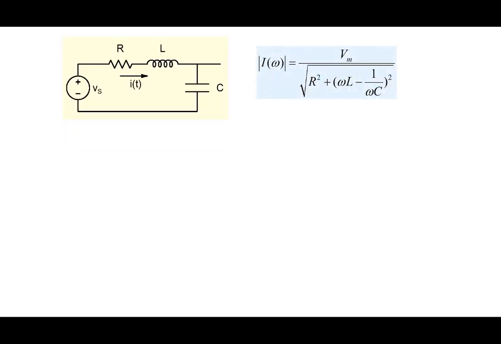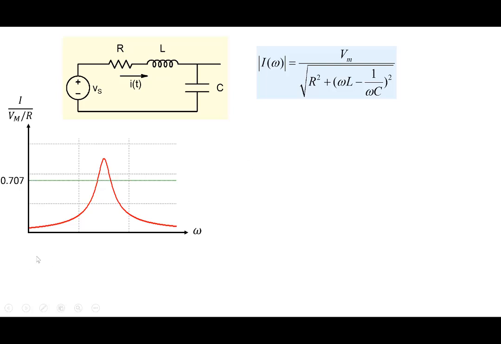Let's examine the role of R, L and C in a little bit more detail here. In general, we can do a phasor analysis and write down the magnitude of current in this manner. If we plot it out, we will see a behavior like this.